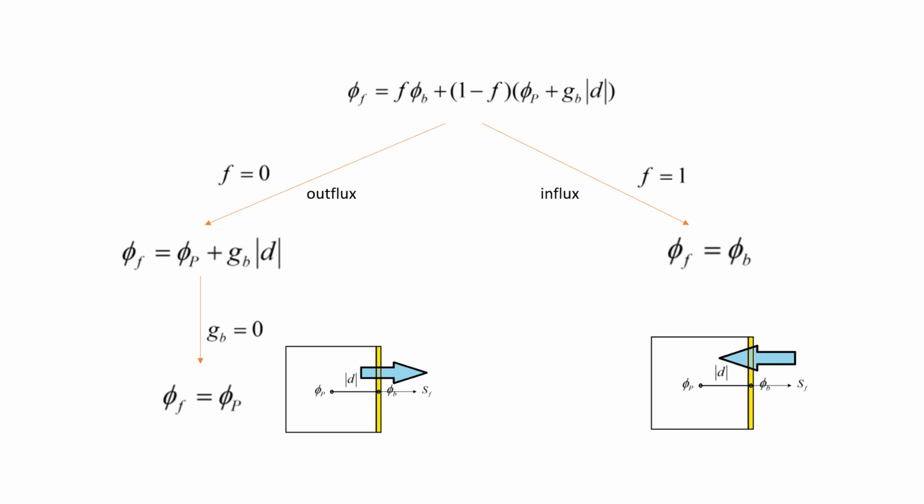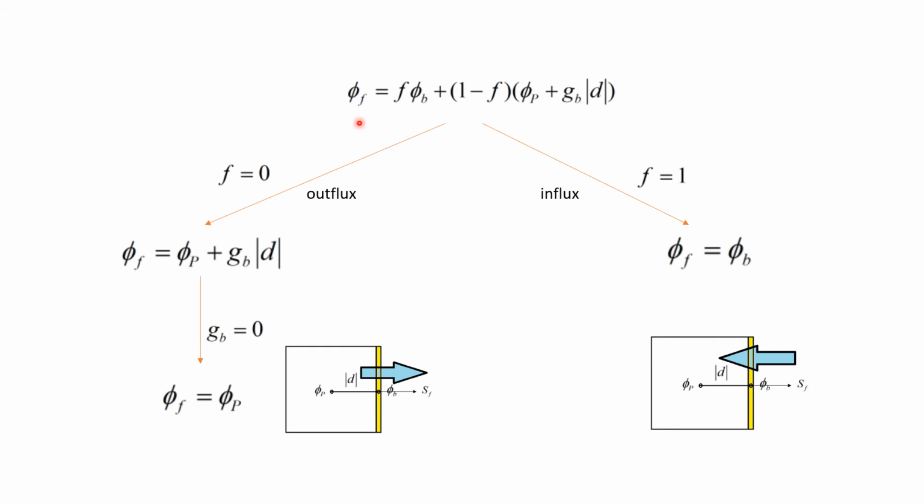And yes, we have all the things now that we want to finally understand this inlet outlet boundary condition. So above you see the mixed boundary condition equation. You will have to look into the video on mixed boundary condition.